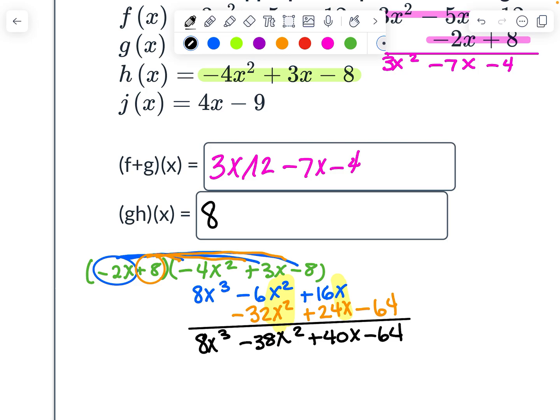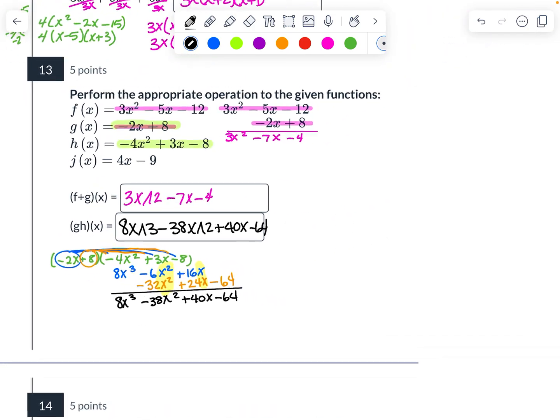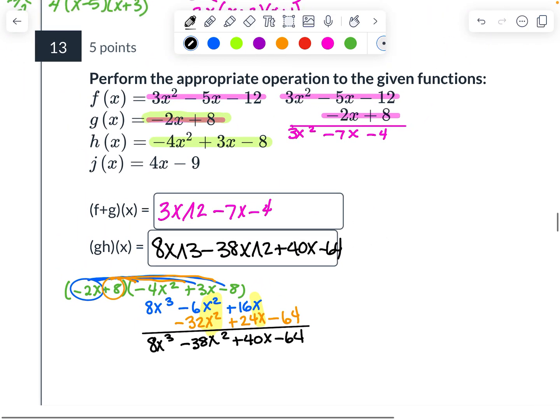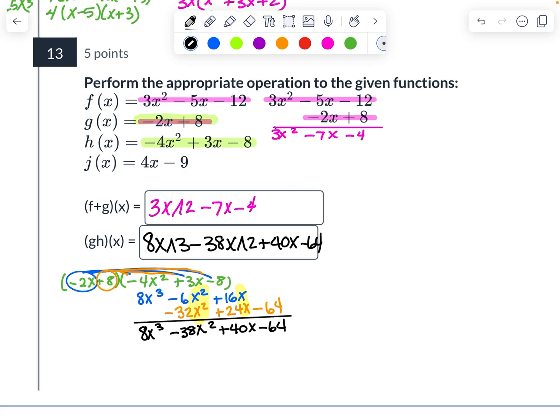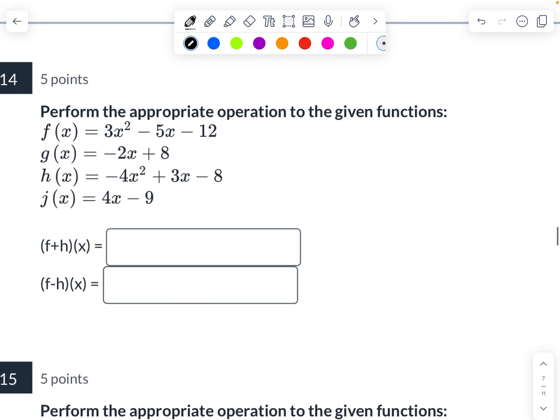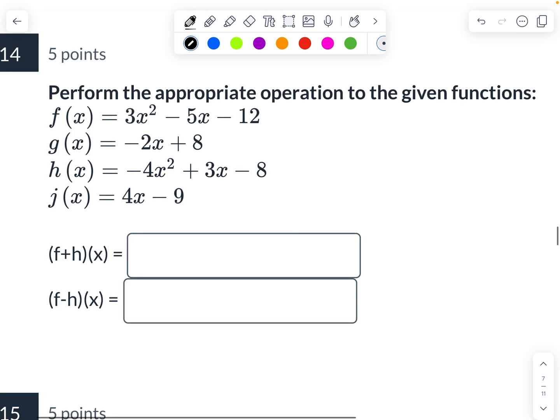And so we write that in Canvas, 8x to the power of 3 minus 38x to the power of 2 plus 40x minus 64. Okay. And friends, we have those because that's everything we did to do factoring and such, and to write polynomial functions. All right. So actually skills that you had last year.